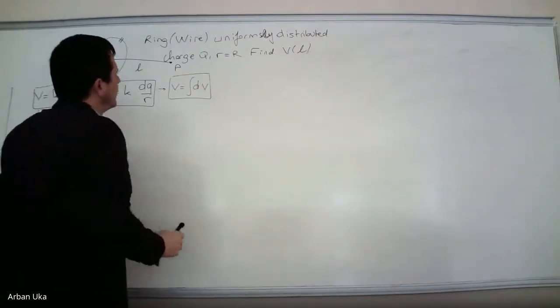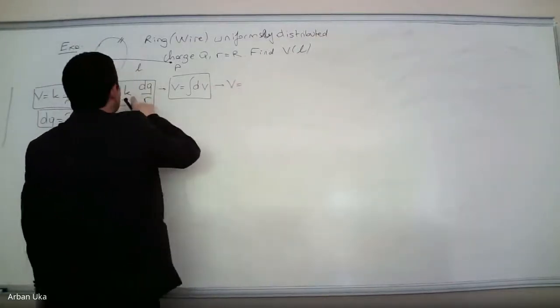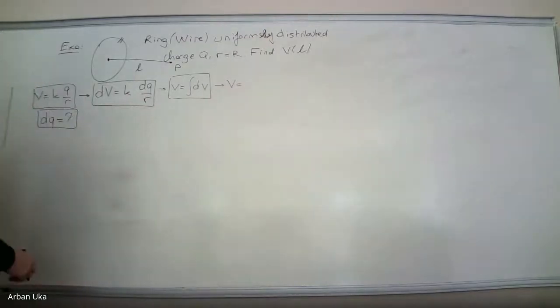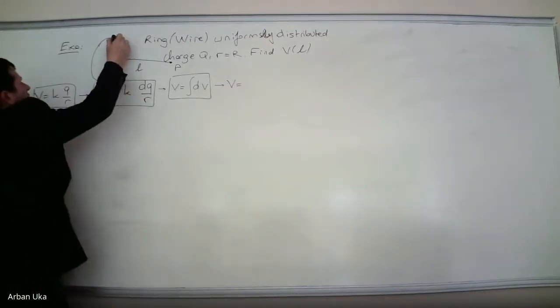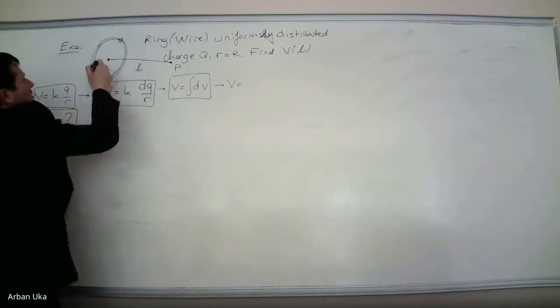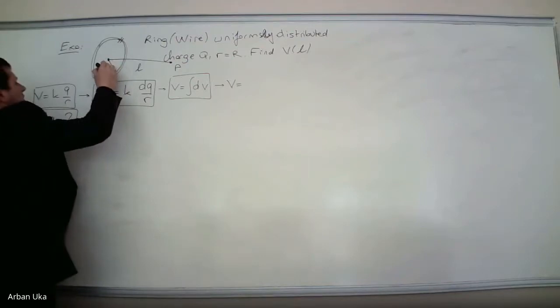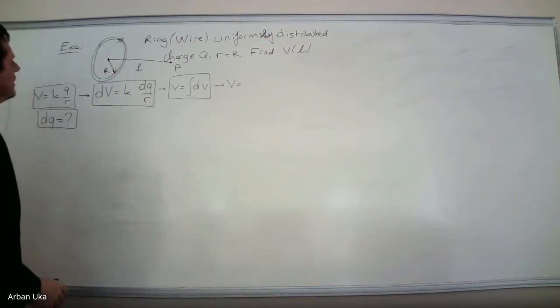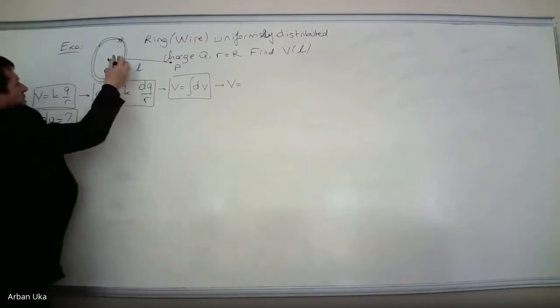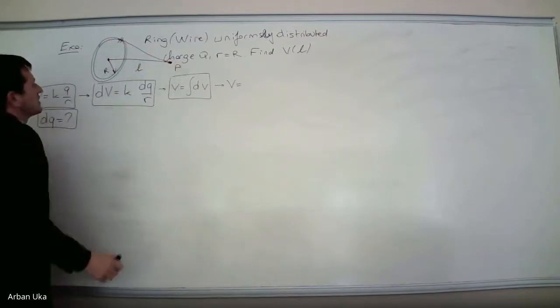Okay, and then let's see what we obtain. We see that the potential is equal to, so the charge is allocated along this path, okay? And now the radius is R, so let's write this down. This is the radius R, and this R stands for the distance from the charge to the point of interest, okay?